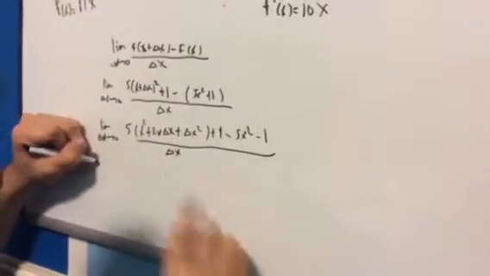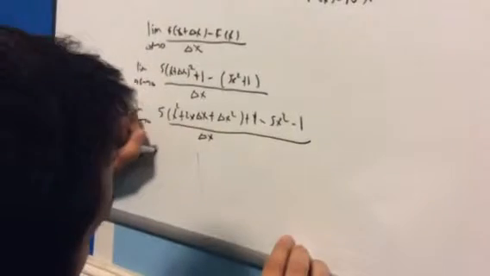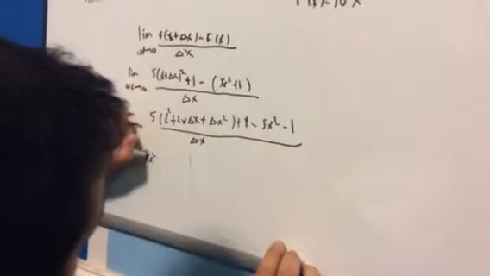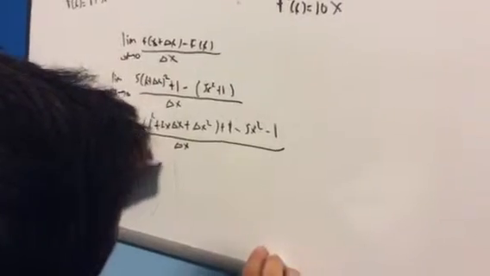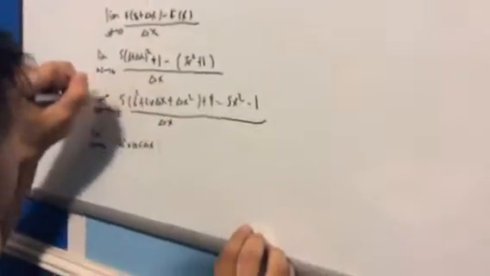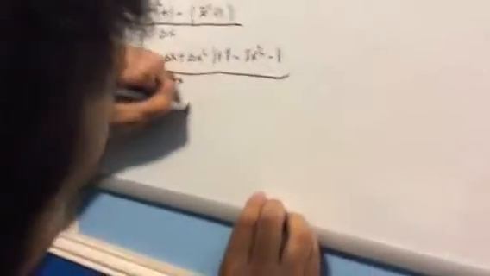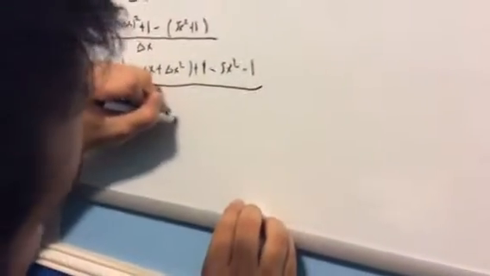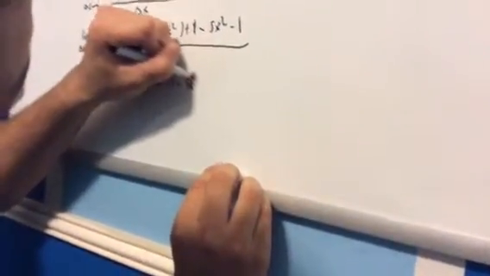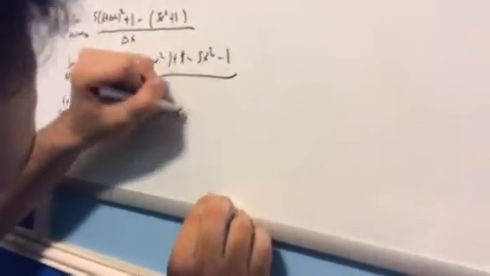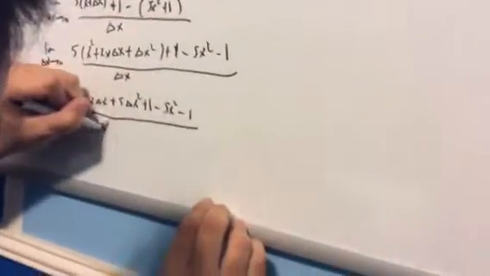Okay, so now we're gonna distribute this 5 so we can better understand this problem. So 5x squared plus 10x change of x plus 5 change of x squared plus 1 minus 5x squared minus 1, all over delta x.